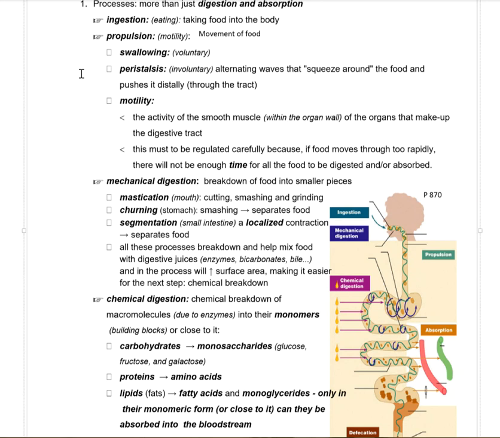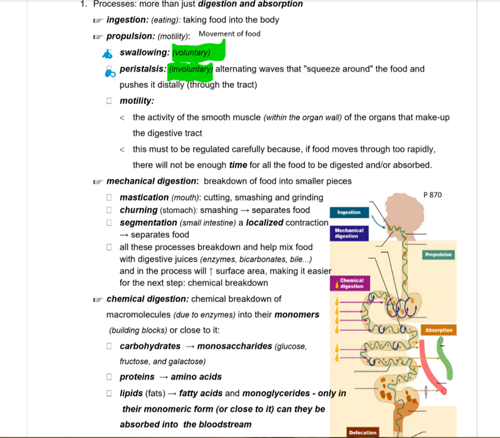We can swallow, and we can have peristalsis. Swallowing is voluntary. We choose to swallow something or not. Peristalsis is involuntary. And what peristalsis is, are alternating waves of contraction of the smooth muscle inside our canal that squeeze around the food and push it generally distally through the tract.